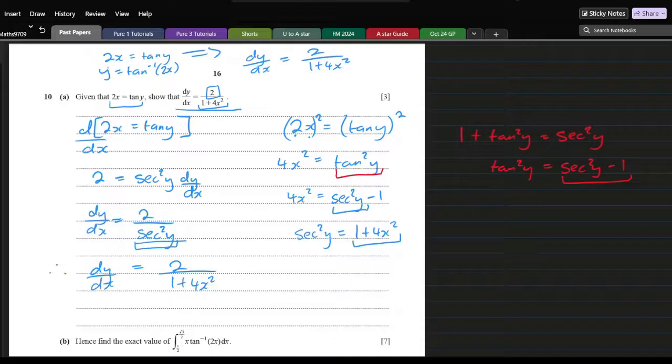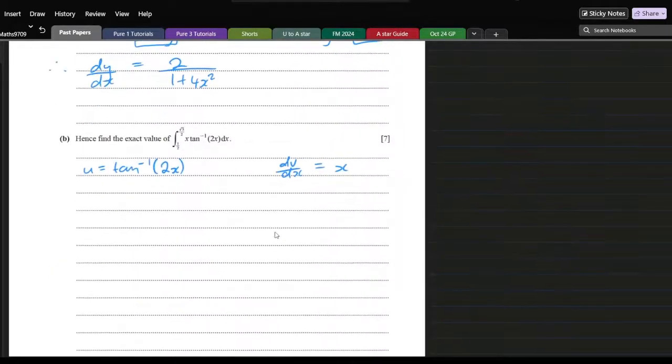And so since 2x equals tan y is the same as y equals arctan of 2x, they must have the same derivative. So in other words here, our du/dx is 2 over 1 plus 4x squared.